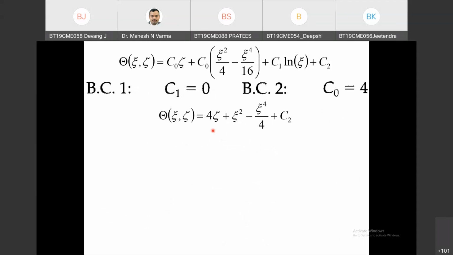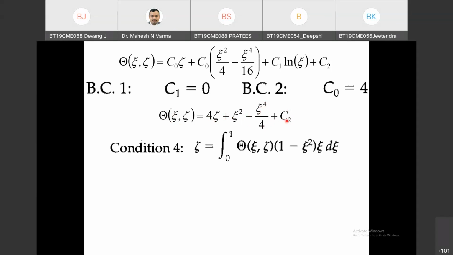This is the final temperature profile equation: 4 zeta plus epsilon square minus epsilon raised to 4 divided by 4 plus C2. Only one constant remains. Now integrate: integration of this theta from 0 to 1 multiplied by 1 minus epsilon square.